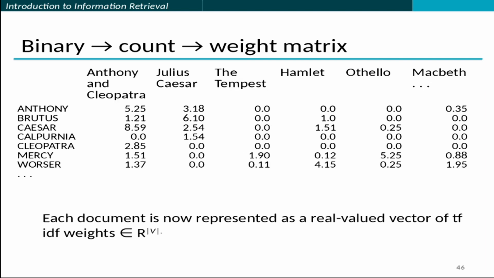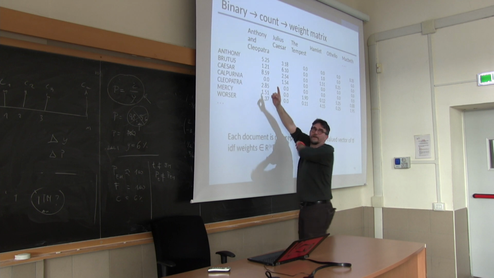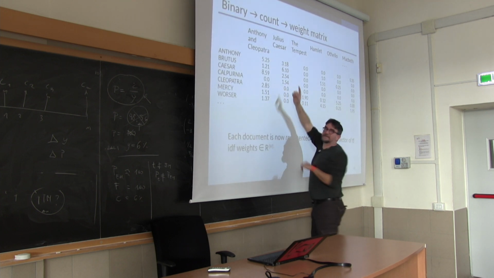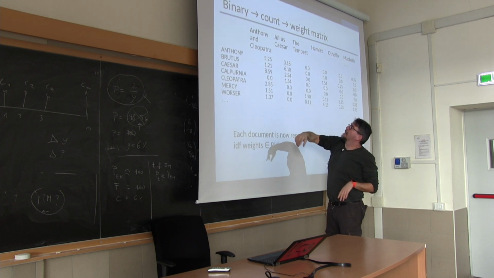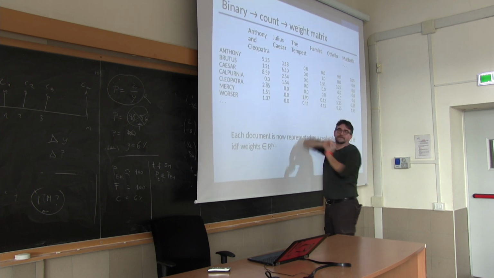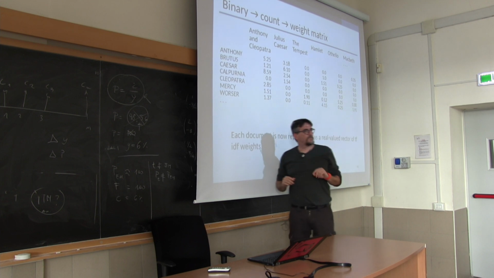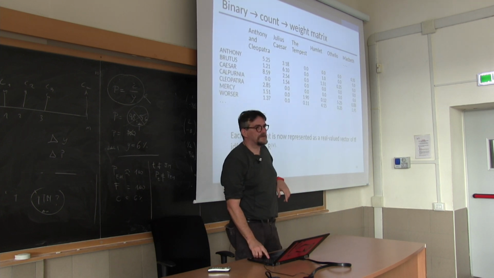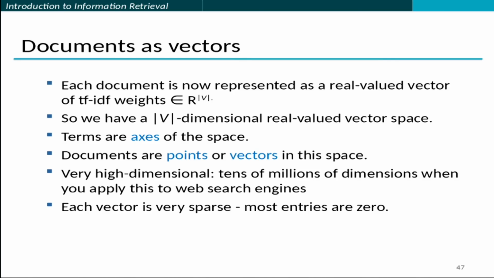This is the vector of Antony and Cleopatra. This is the vector of Julius Caesar. This is the vector of the Tempest, and so on and so forth. Those are the vectors with the tf-idf value for each of the terms. So we have a v-dimensional real-valued vector space. The terms are the axes of this space, and documents can be seen as vectors.